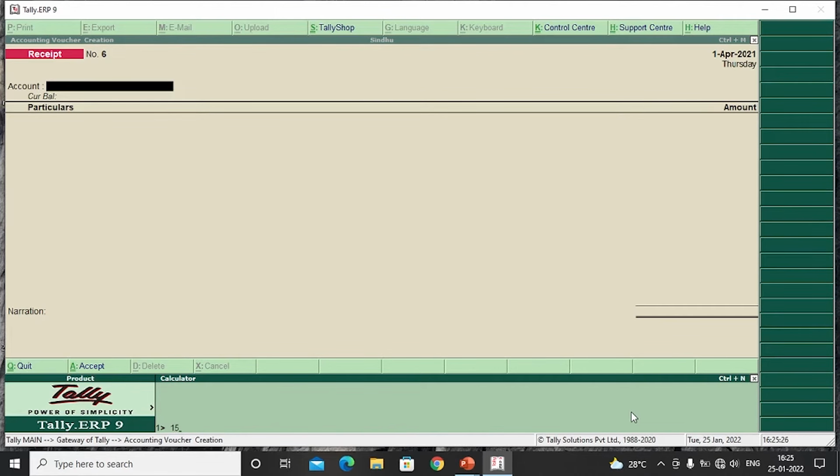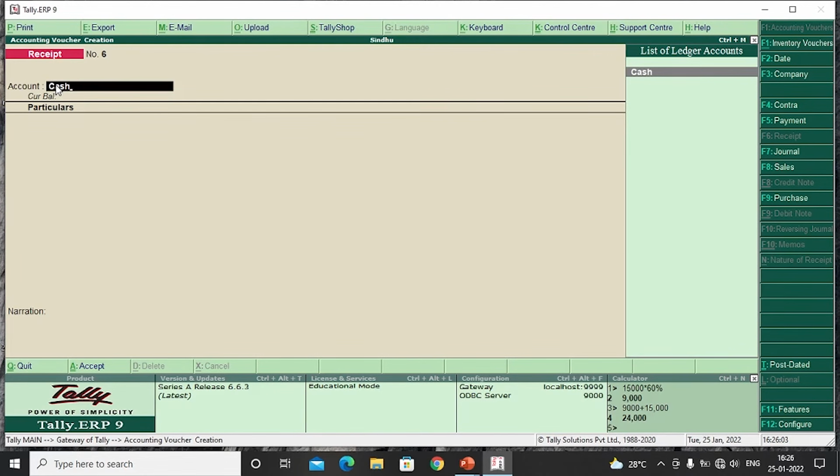So 15,000 into 60%, that is 9,000. 9,000 plus 15,000, and the total amount is 24,000.